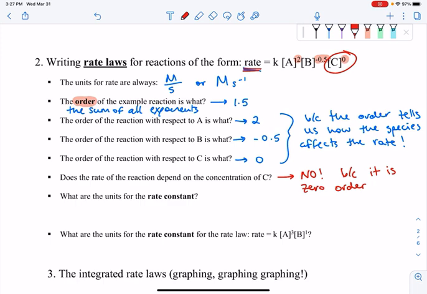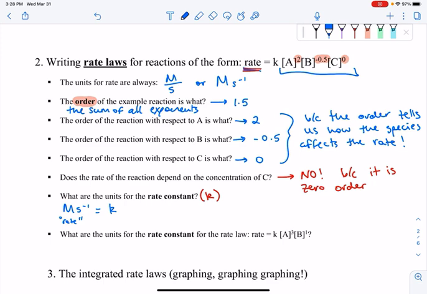The rate constant, which we know as lowercase k, what are its units? Like we said previously, the units for the rate constant depend on all the concentrations of these things. The way you do this is you set molar per second, which is sort of the rate, equal to k, and then you want to put in the molarity units depending on the exponents.